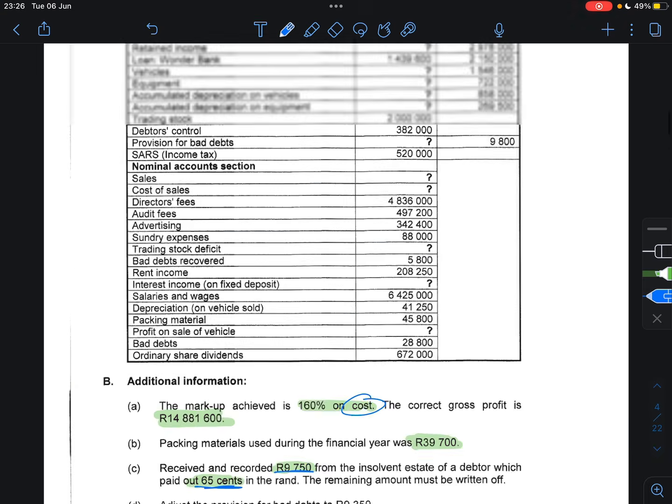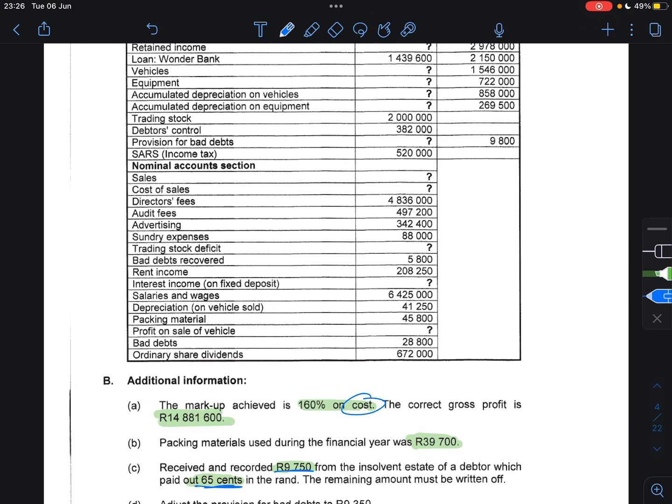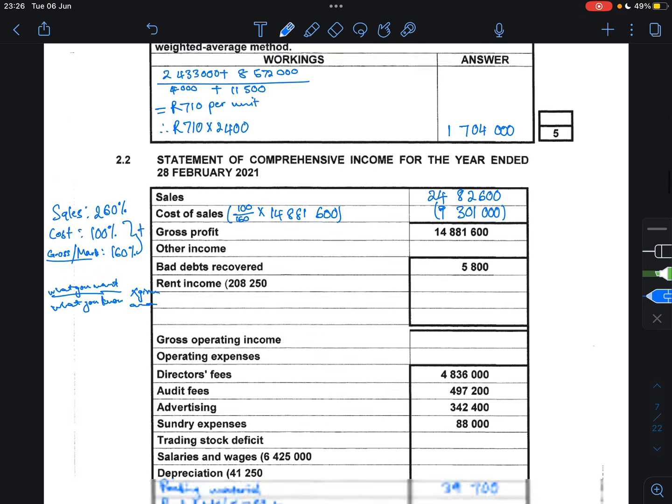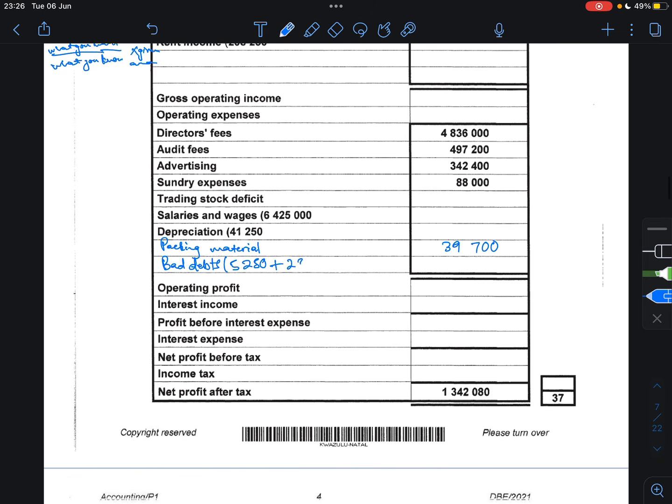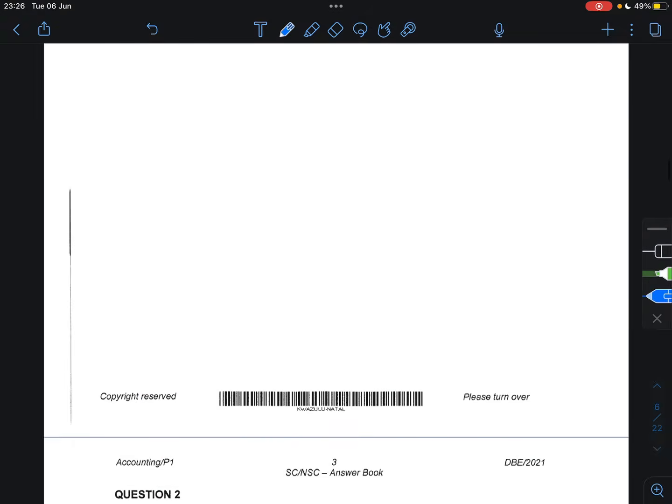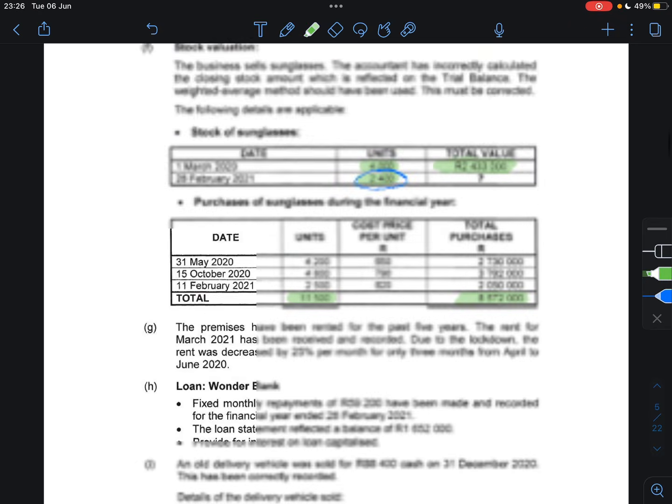If you check your pre-adjustment trial balance, we're given an amount for bad debts as 28,800, plus 28,800, and then you calculate your bad debts to be 34,050. All right, and then moving on to the next adjustment.